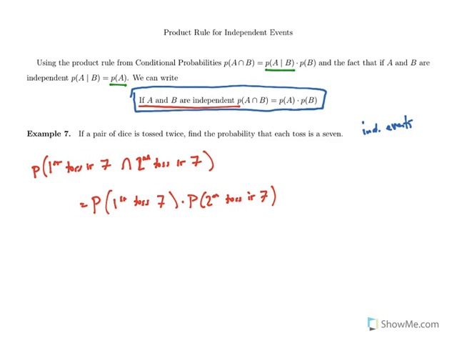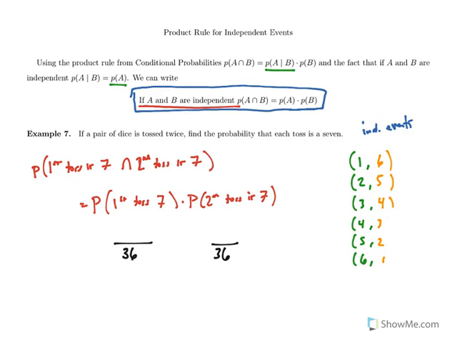So let's remember there are 36 total options for rolls of a pair of dice: 6 options for the first and 6 options for the second. And the ways that we can get 7, we could have 1, 2, 3, 4, 5, or 6 on one die, and 6, 5, 4, 3, 2, 1 on the other die.